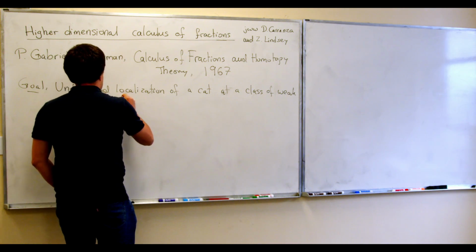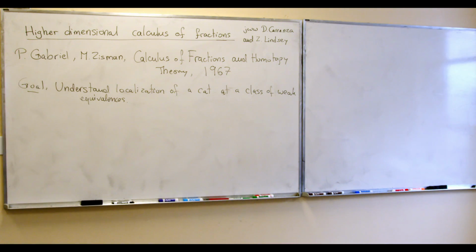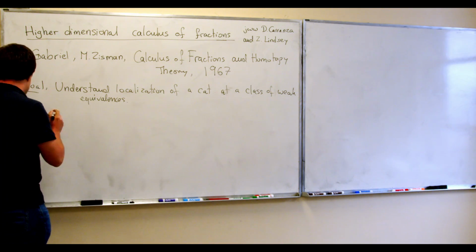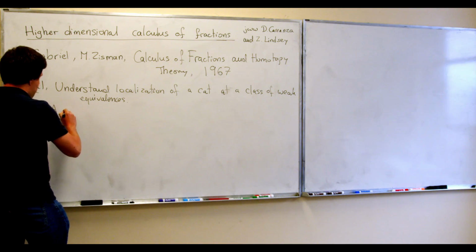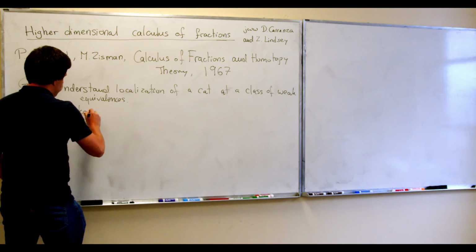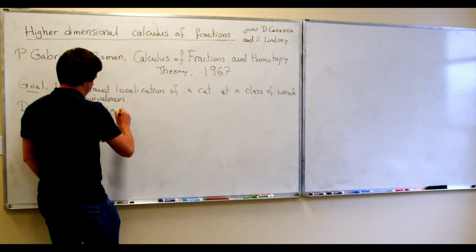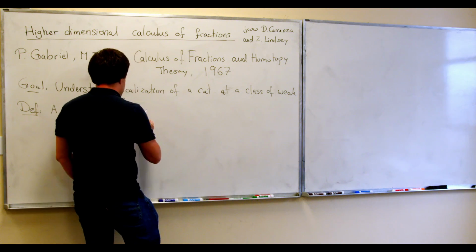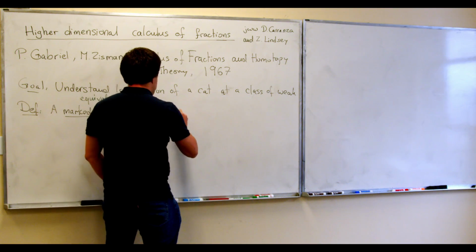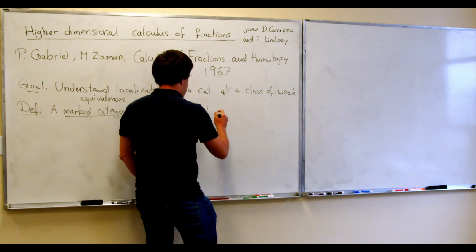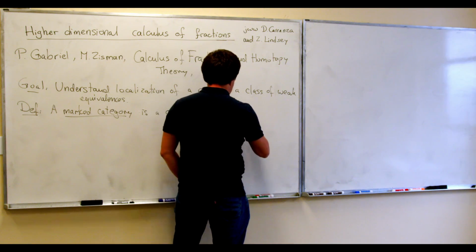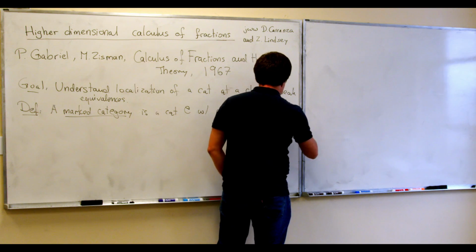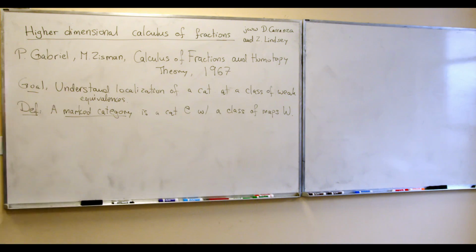Okay, so in order to make sense of that, we need the concept of a marked category first. A marked category is a category C with a class of maps W. Okay, that's the definition.